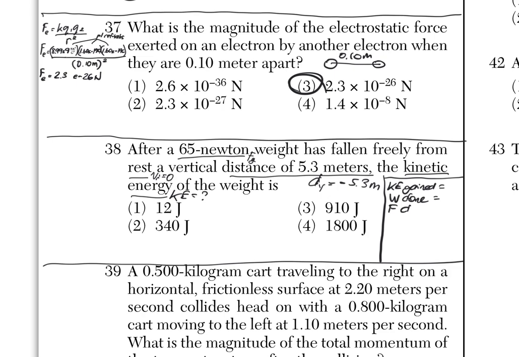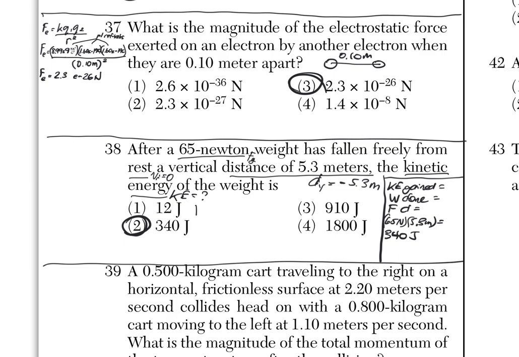Now the force in this case would be the weight acting downwards, and that's the 65 newtons, and the displacement would be downwards 5.3 meters. And when you put the 2 of them together, you get 340 joules, which is choice 2.